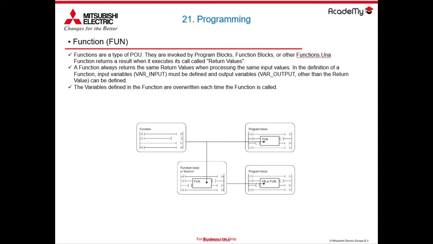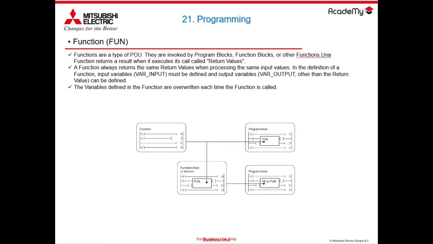This means that, for example, if we use a function to process data, and there are internal variables in our function, at each execution of this function, these variables will not maintain the value that they had in the previous PLC loop. This aspect is what substantially differentiates the function from the function block.